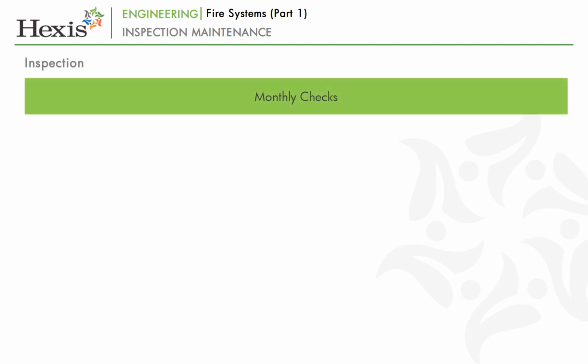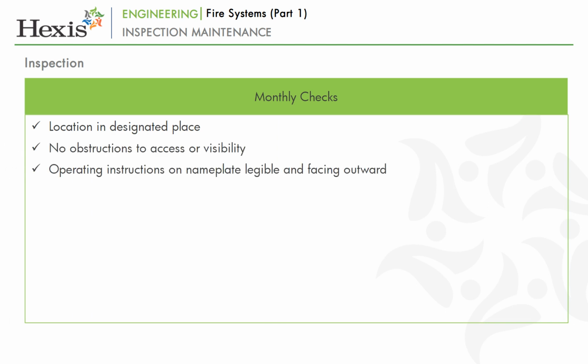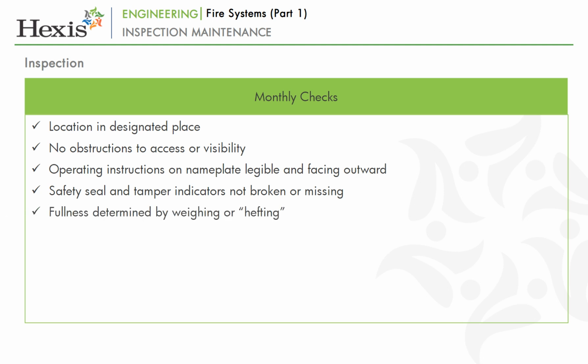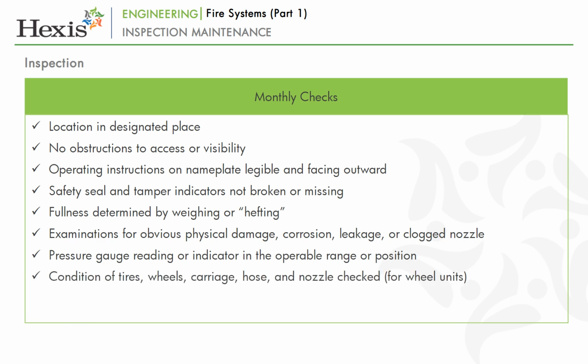Monthly inspection of fire extinguishers shall include a check of at least the following items: location in designated place, no obstructions to access or visibility, operating instructions on nameplate legible and facing outward, safety seal and tamper indicators not broken or missing, fullness determined by weighing or hefting, examinations for obvious physical damage, corrosion, leakage or clogged nozzle, pressure gauge reading or indicator in the operable range or position, condition of tires, wheels, carriage, hose and nozzle checked for wheel units, label in place.